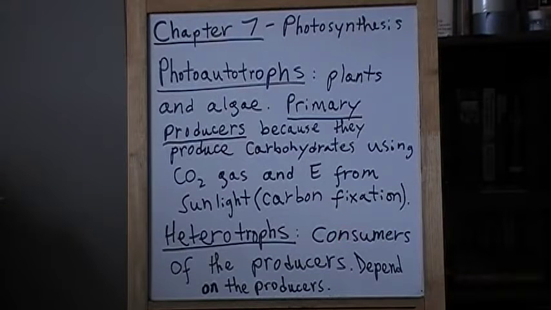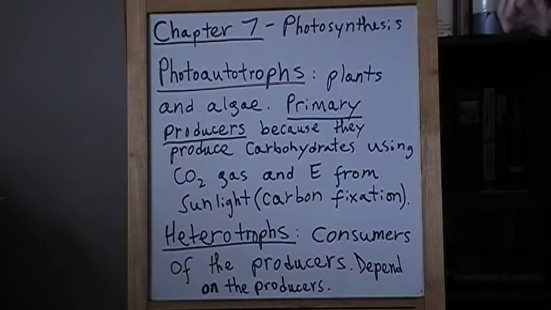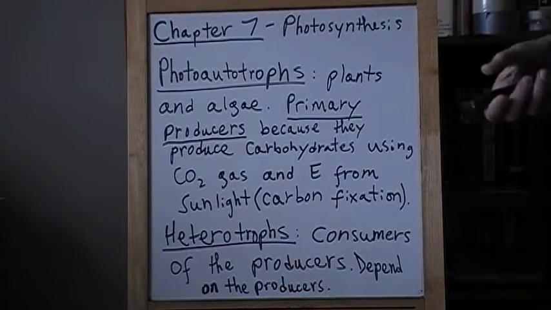So animals, fungi, and many bacteria are heterotrophs. And these heterotrophs are completely dependent on the producers. If the producers were to disappear, then so would the heterotrophs, including ourselves.